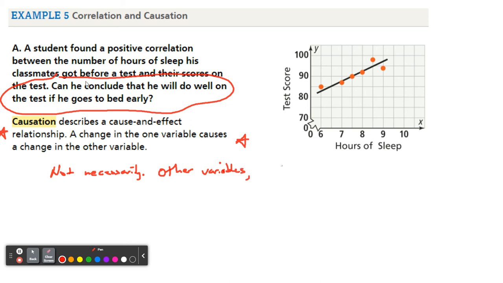So sleep, definitely very important, right? Before you have a test, you should get sleep. If you're sleep deprived, taking a test makes it harder. But there are other variables, like what goes into studying, what goes into creating a good test score. Well, what about studying, right?